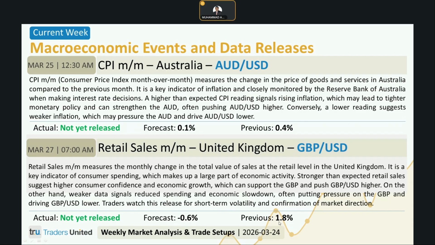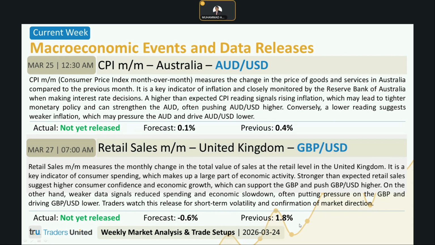The previous number was 1.8%, and the expectation is now minus 0.6%, indicating expectations of reduced consumer spending in the United Kingdom. This suggests that demand may be slowing after a strong previous reading.